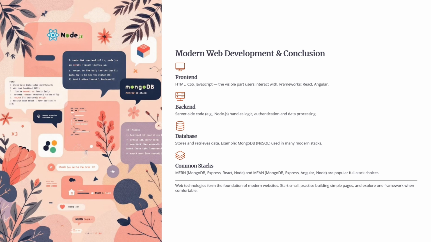Front end includes HTML, CSS, JavaScript, React, and Angular, whereas back end includes Node.js and Express.js, and database includes MongoDB. There are popular stacks like MERN and MEAN. MERN stands for MongoDB, Express, React, and Node, whereas MEAN stands for MongoDB, Express, Angular, and Node. These are used to build full web applications.